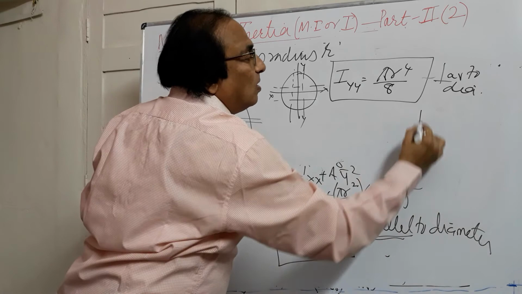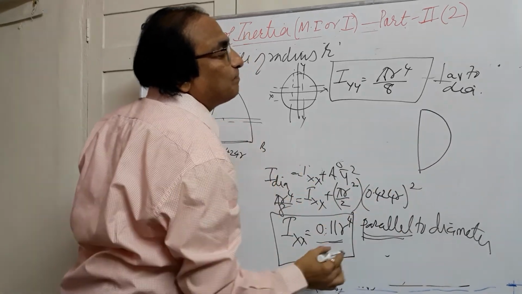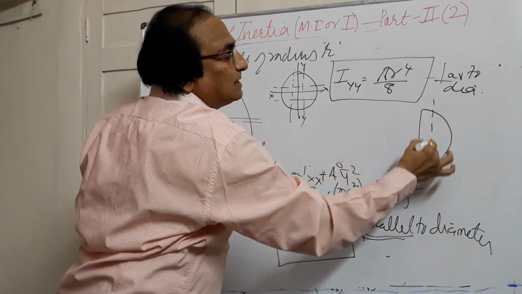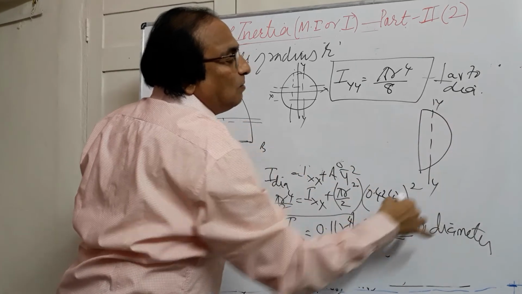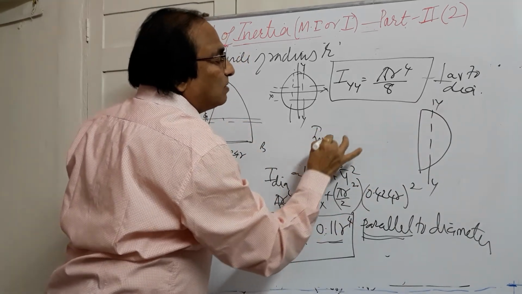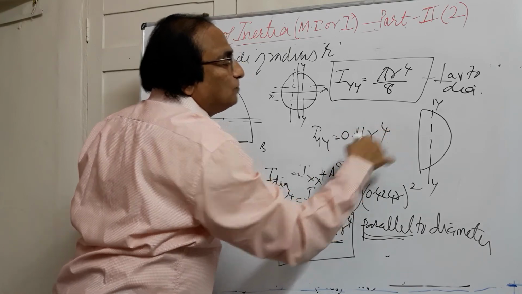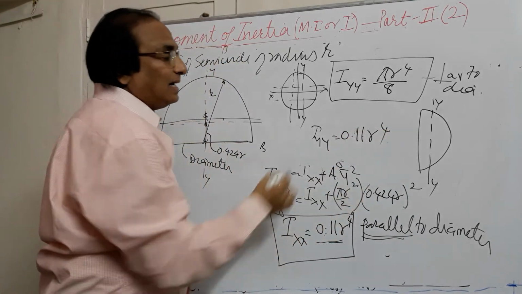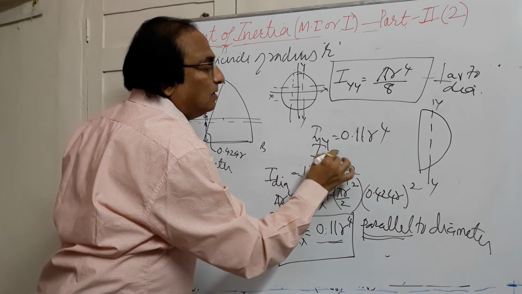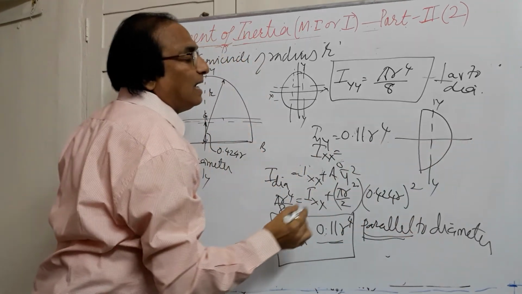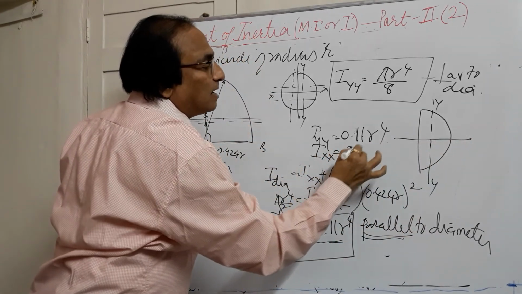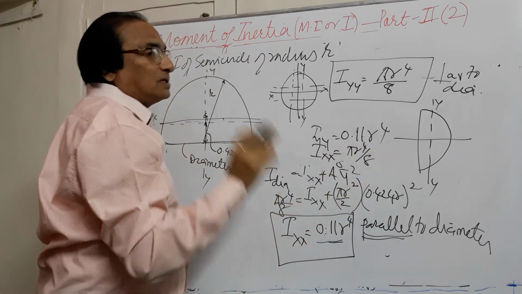Suppose I draw a figure like this. This is the diameter. Which axis is parallel to that? y. So Iyy will be equal to 0.11 r raised to 4. And Ixx will be equal to, it is perpendicular to the diameter, so this will be pi r raised to 4 divided by 8. So try to remember parallel.